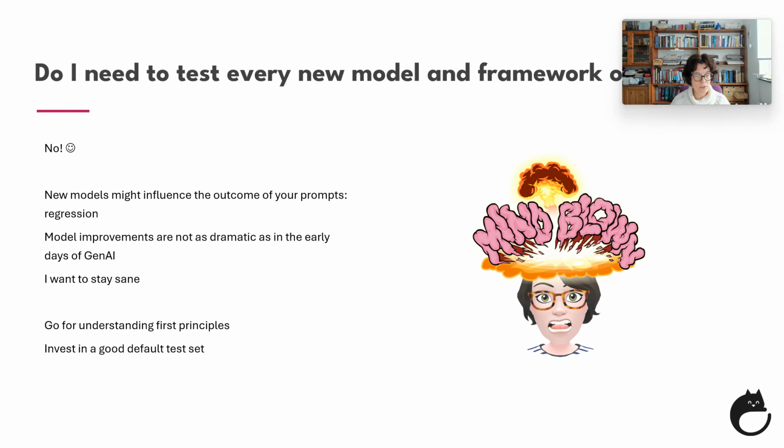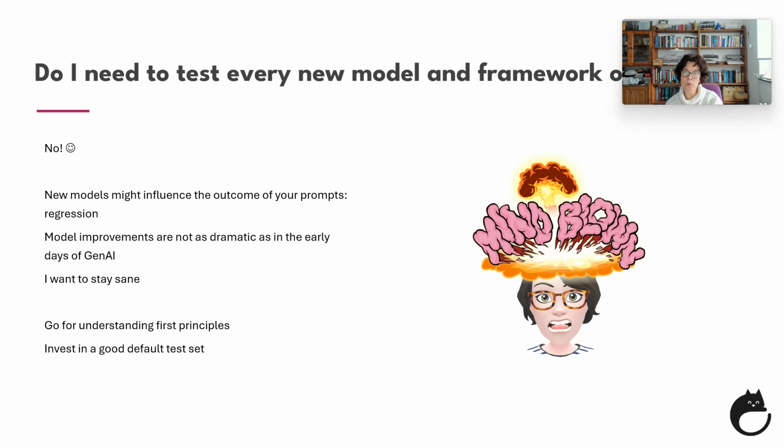Invest in a good default test set. I've got what I call my golden test set of prompts that I know what I expect from them in terms of responses, right? So if I want to test a new model, I just upload my golden test set in one of these LLMOps platforms.